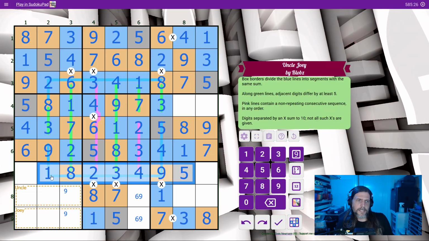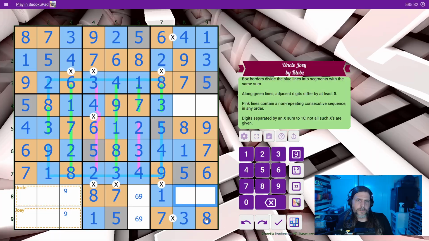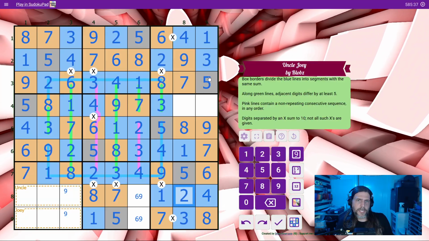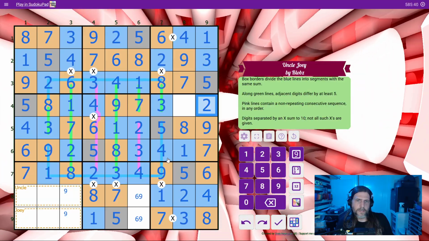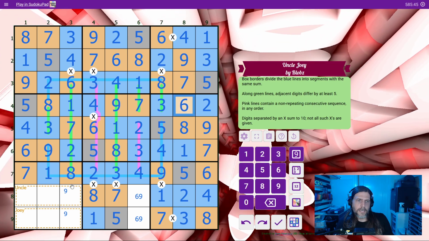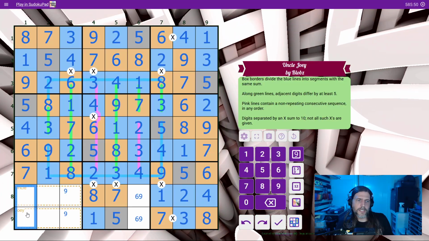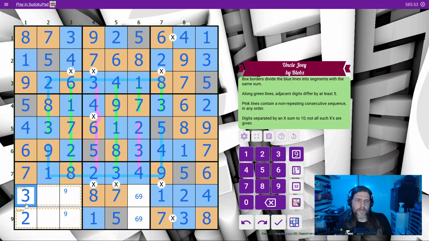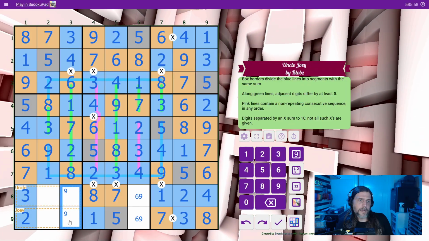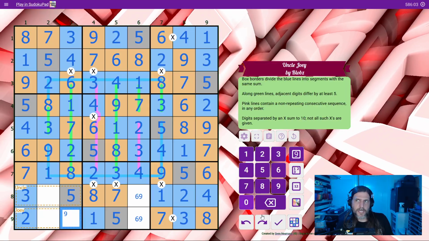We need 6s and 7s. We need 2s and 4s. We need 2. And we need a 6. And we need 2s and 3s in here. The 2 there and the 3 here. Both low. We need something with this 9. I think it's a 5. Places the 9.